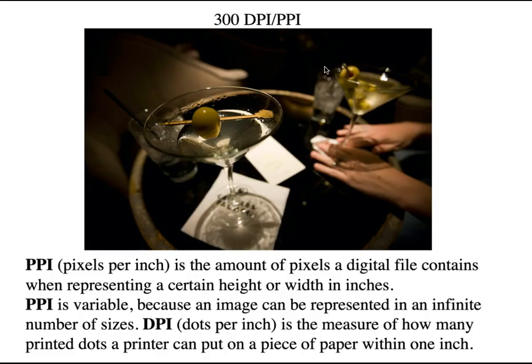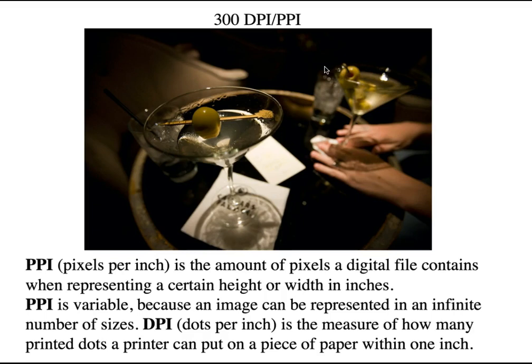And then we also have something called pixels per inch and dots per inch. Pixels per inch refers to how many pixels per inch there are in our digital file. And our standard for resolution is 300, which means 300 pixels per inch. And here's a photograph of these martinis in low light on a table at 300 PPI.